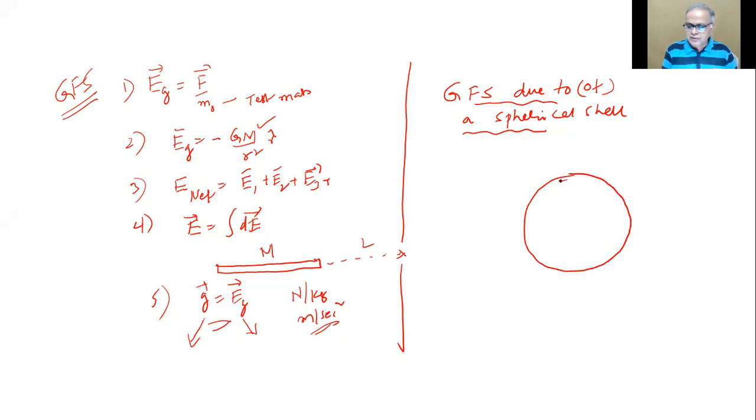This will have, however small, some thickness like this. But of course, it has uniform mass distribution. Hope you understood what it means.